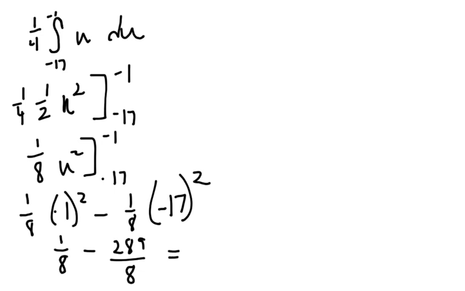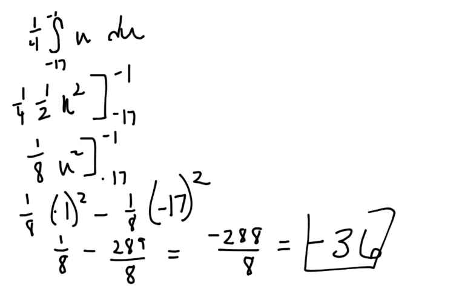We have a common denominator here, so we subtract our numerators. And this actually does divide out. Negative 288 divided by 8 is negative 36, which is the answer.